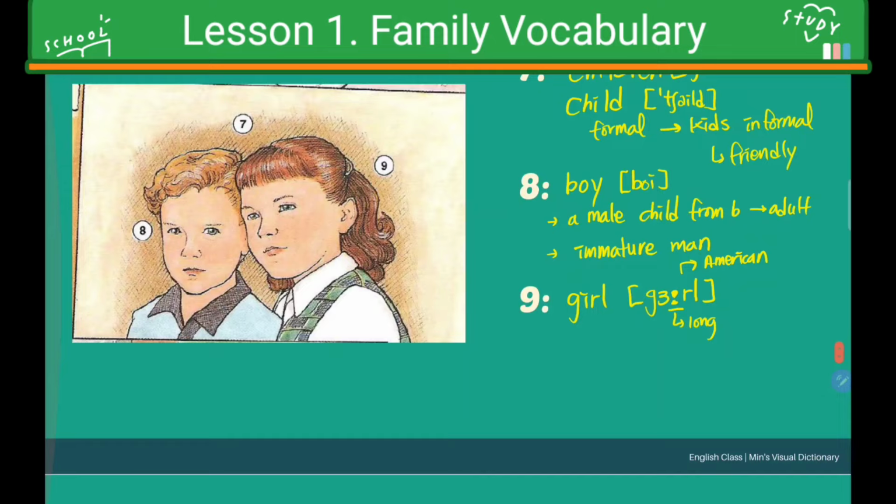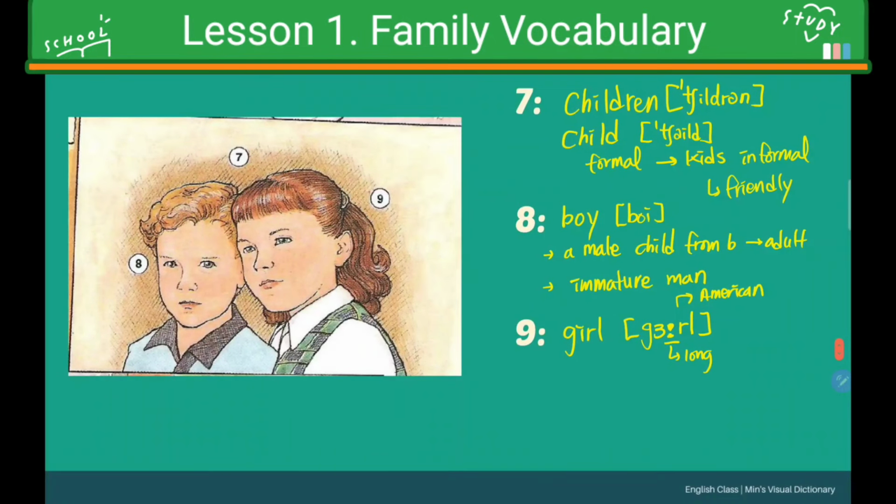And the definition is a young woman. We also use this word girl when we want to describe someone in her 20s. So we can call a young lady a girl, but that has to be done when you are very close and friendly, or otherwise you'll be considered rude.